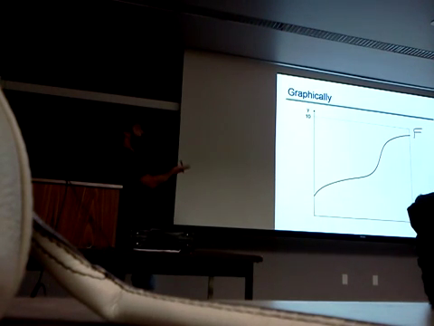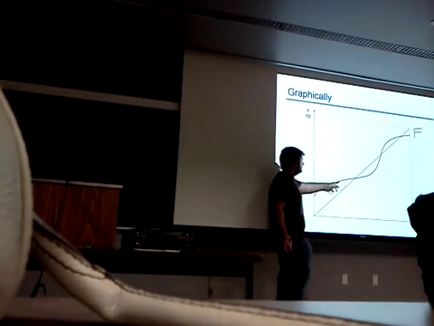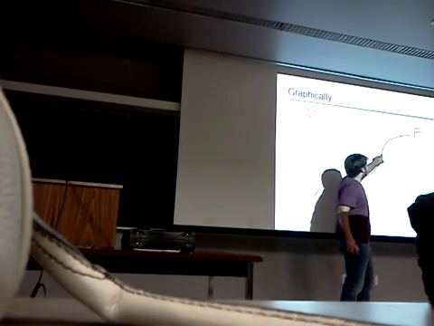So what are the fixed points of this function? You draw a line. The fixed points of this function are all the places where you have these intersections.